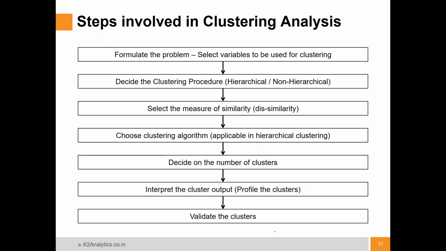Second, once you have decided the objective and the attributes, the next important challenge is which technique to use, hierarchical or non-hierarchical. Simple thumb rule: if you have 100, 150, 200 records, not more than that, then use both hierarchical and non-hierarchical.